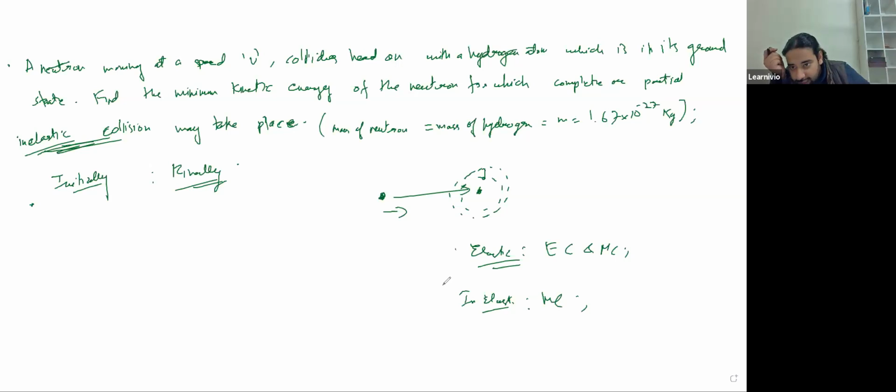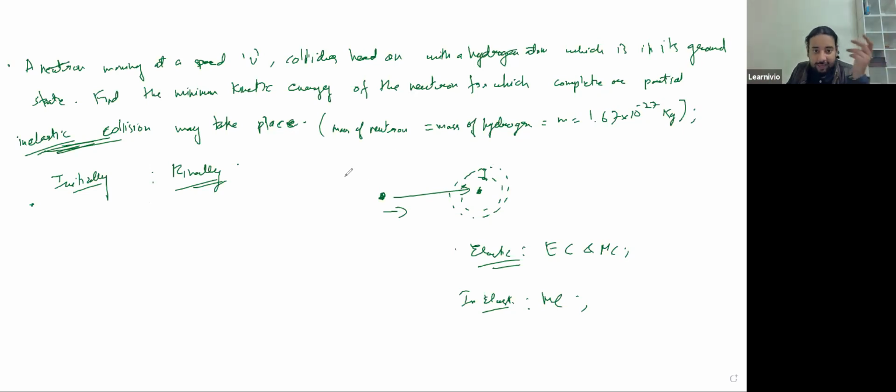But if you can somehow quantify how much that energy is, as you can in this case, because delta E will just be the energy from the ground state to, let's say, the first or second state. These are fixed energy levels that you will know. So the energy lost in the inelastic collision, you know exactly how much it is.